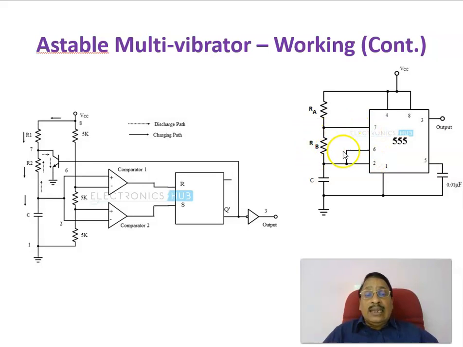Pins 6 and 2 are shorted externally, and there you connect a capacitor C. This is the circuit we are connecting externally, and of course there is a capacitor between pin 1 and ground.